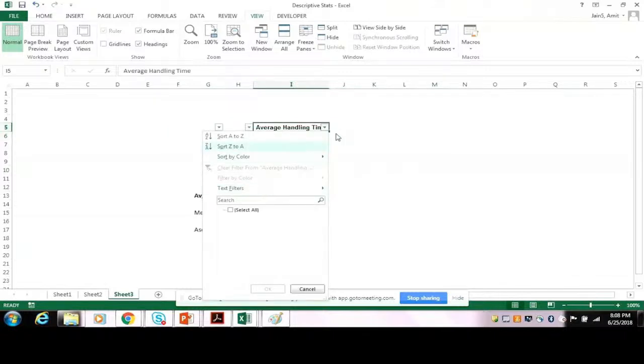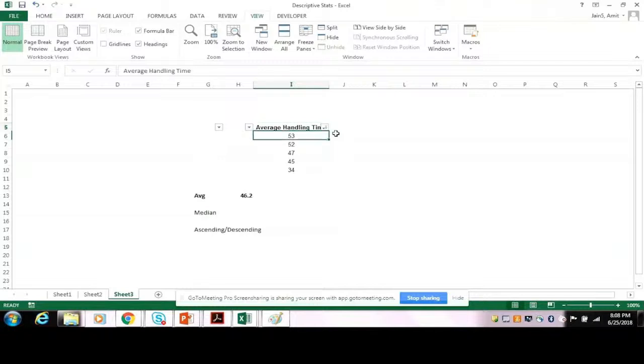I've done it in descending. So we have 1, 2, 3, 4, 5 values. 47 is the middle, the middlemost value. So 47 becomes the median.